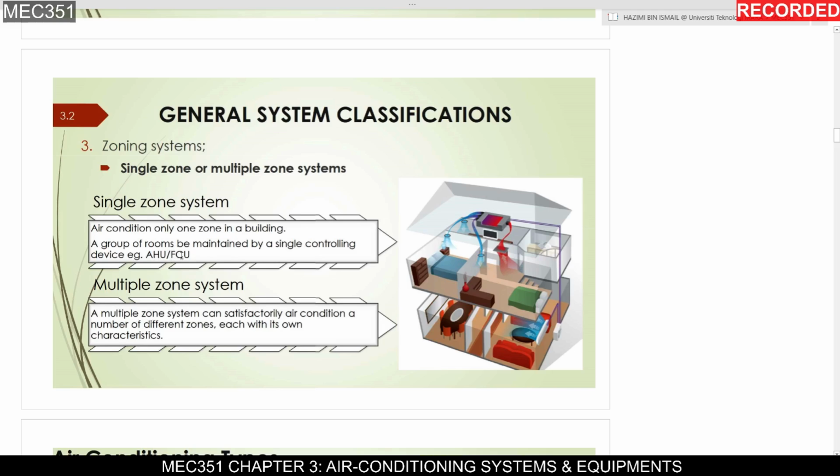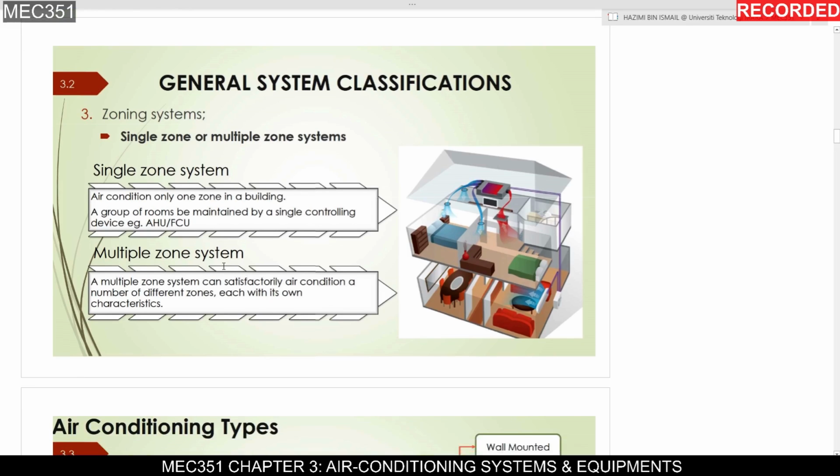Let's say for our house, if we use a package unit, we only use one AHU to control the whole system, because we do not have a specific requirement for every room in our house. So that's what we call the single zone.